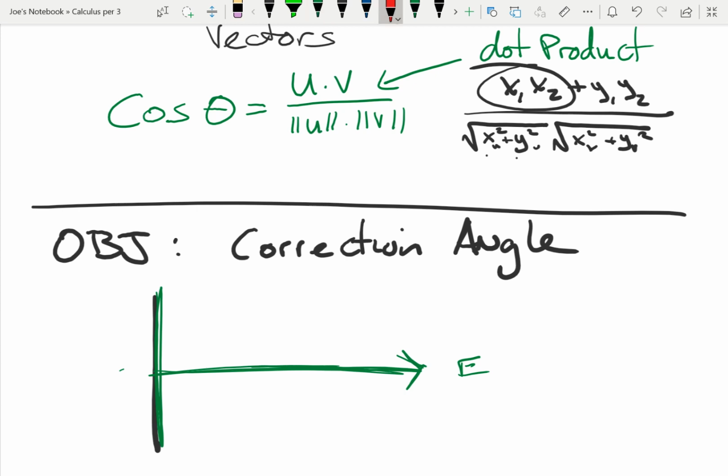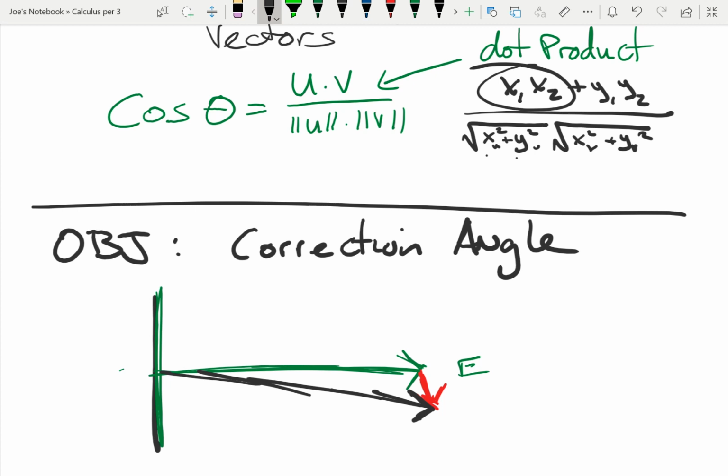And let's just say the wind is blowing us to the south a little bit, and my resultant vector looks like that. There's my resultant vector. So I'm supposed to be flying east, but I'm getting pushed south a bit. Well, everyone on the plane wants to go where they're going, so they need to be flying east.